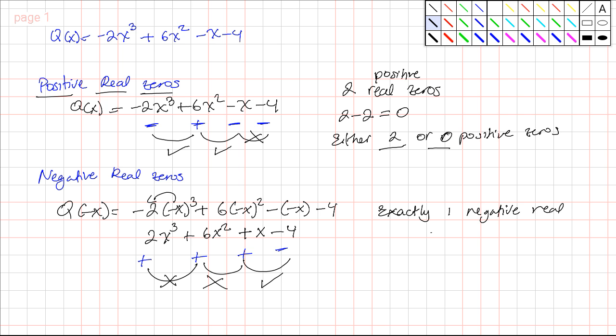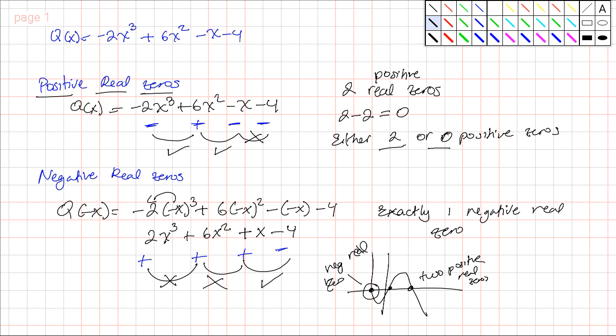real zero. If you actually were to graph this function, you will notice that the function is going to look a little bit like that. Where this is the x-axis, the graph intersects here. So this right here is your negative real zero, and then right here are your two positive real zeros.